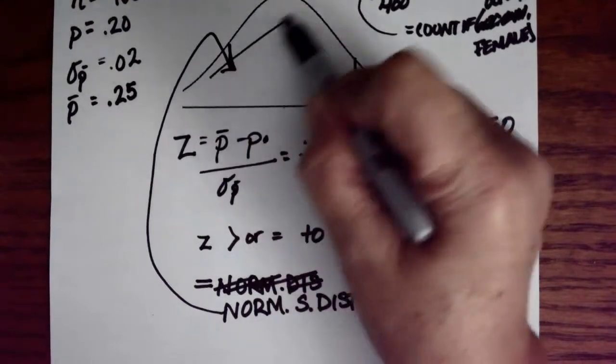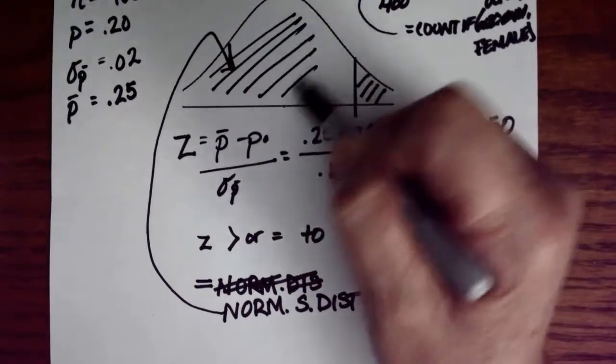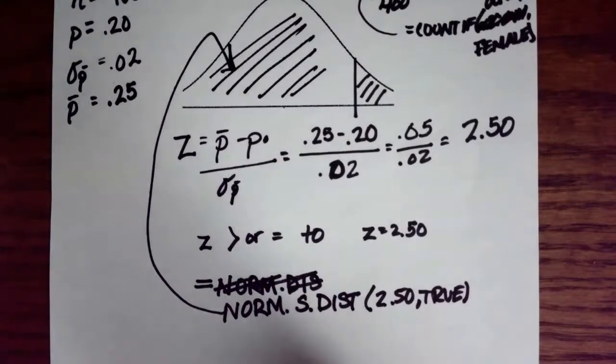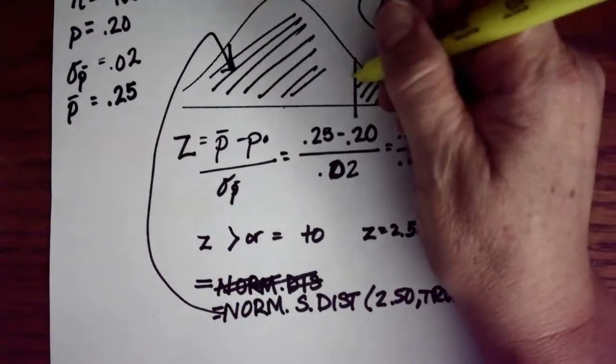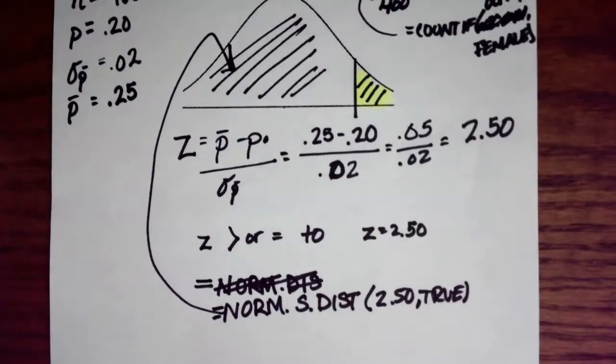Again, it's going to return the lower tail. That formula is always going to return the lower tail. So if we want the upper tail, we have to do 1 minus DIST. Okay, so 1 minus DIST, which is going to give us this area up here.